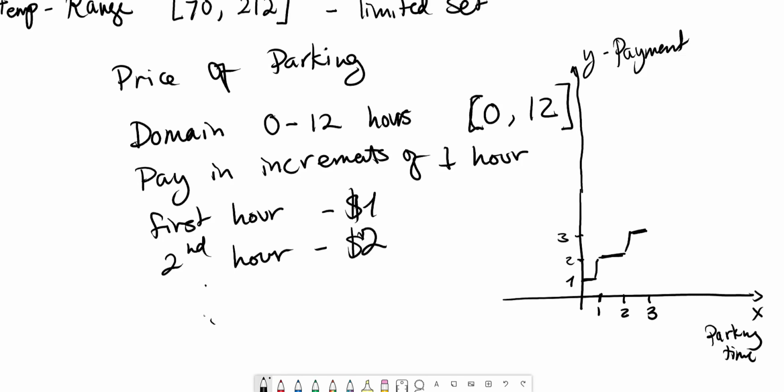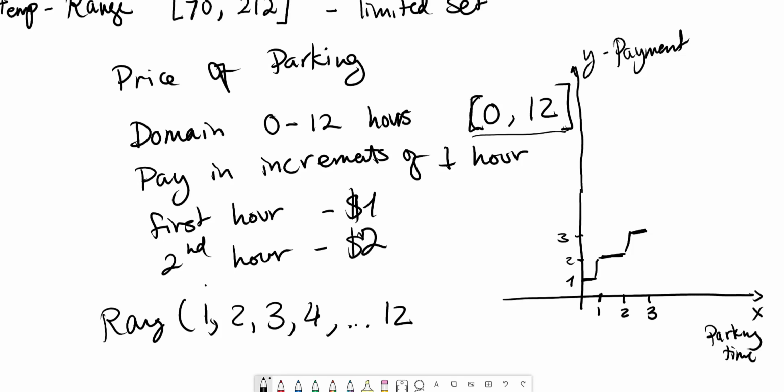And so if our domain here is a continuous set, our range now is basically 1, 2, 3, 4, and so on until we reach our 12th hour, which is between 11 hours and 1 second and our 12th hour, and then we pay $12.